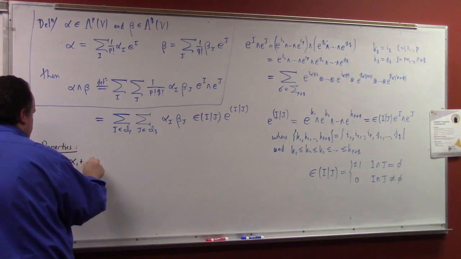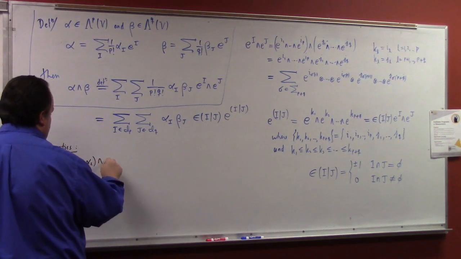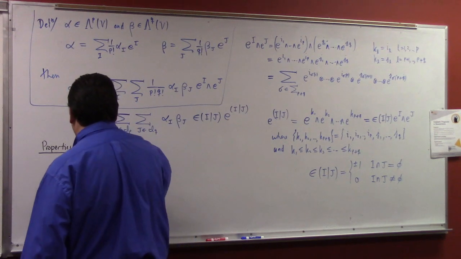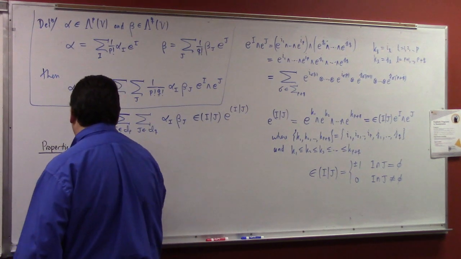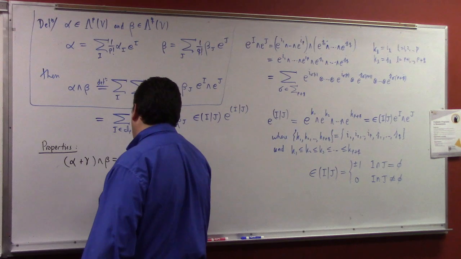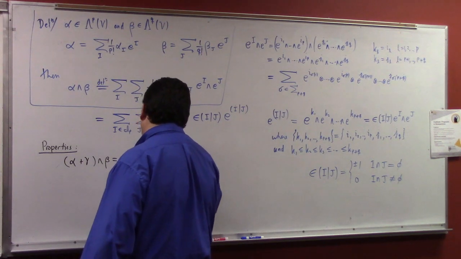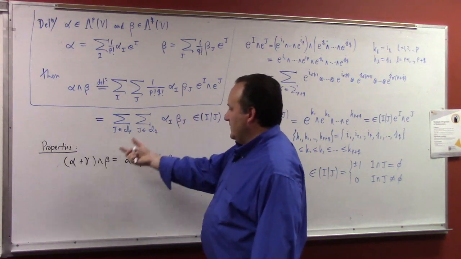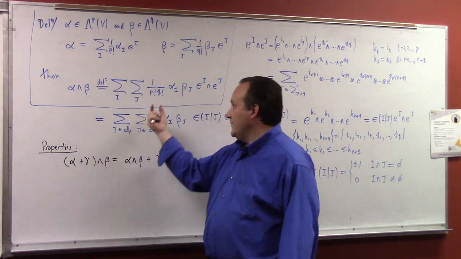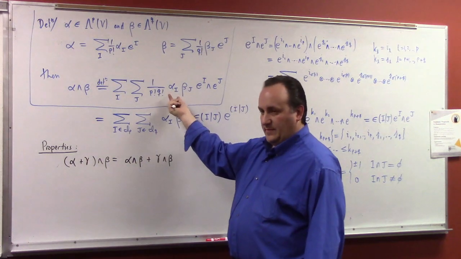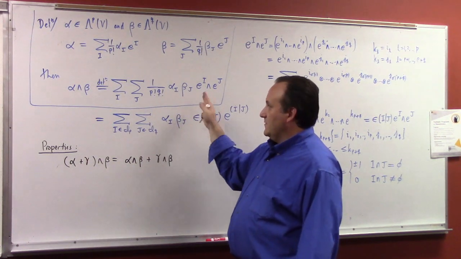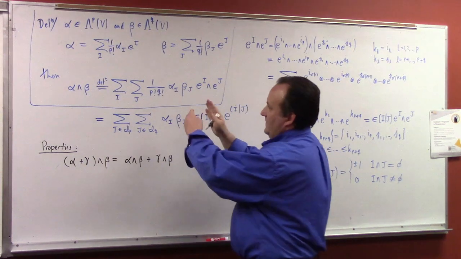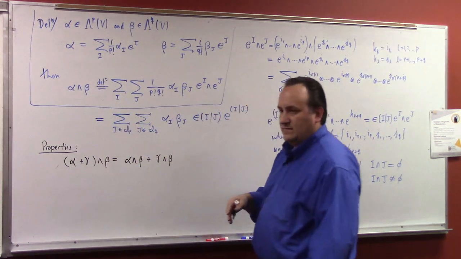If I had alpha 1 plus alpha 2 wedge beta, I think you can pretty easily see that would be, instead of alpha 1 and alpha 2, let me use alpha and gamma, right? I think you can see that would be alpha wedge beta plus gamma wedge beta from this formula, because you just replace alpha with alpha plus gamma, and the components of alpha plus gamma would be alpha sub I plus gamma sub I, and when you put it here, because this is the product of real numbers, it's distributive, and then the sums are distributive, and yay.